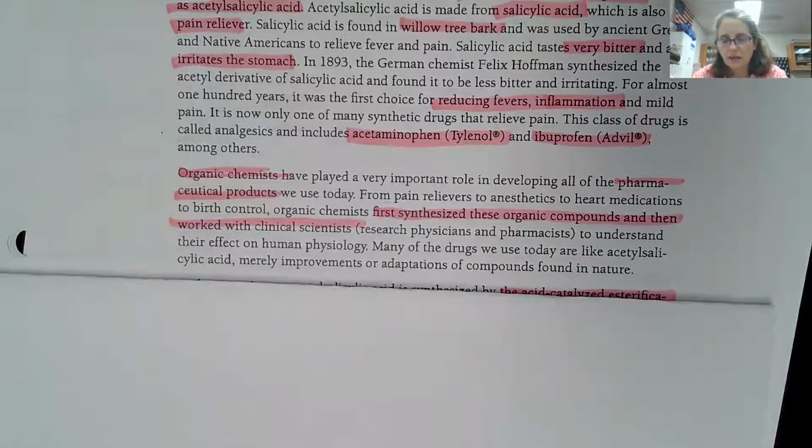They are the ones that develop the synthesis of these molecules, and they work with research people and also physicians and nurses and all of those people to figure out a better way of making medicines that we all need.